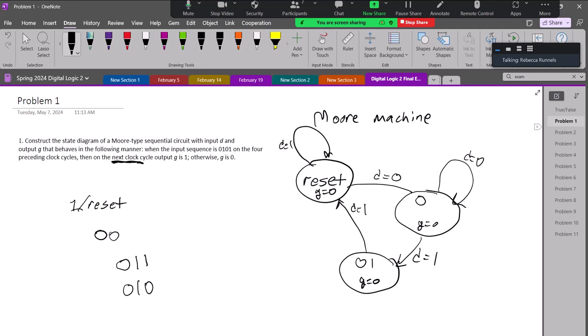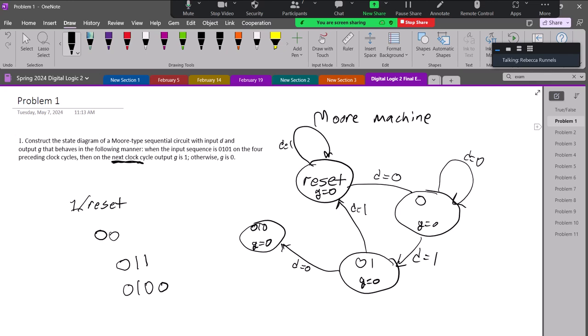I've now got 3 bits towards the output that I'm trying to get. So I now have a 0, 1, 0. And this would be if my input was 0. And my output is still going to be 0. If I get another 0, so if I have 0, 1, 0 and I get another 0, what state am I in?